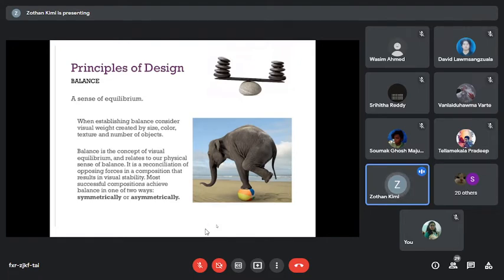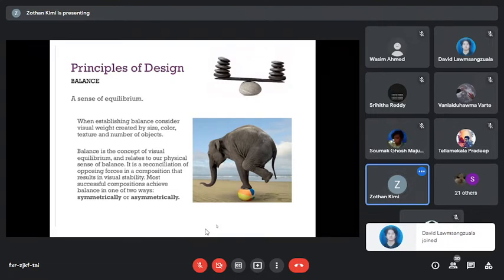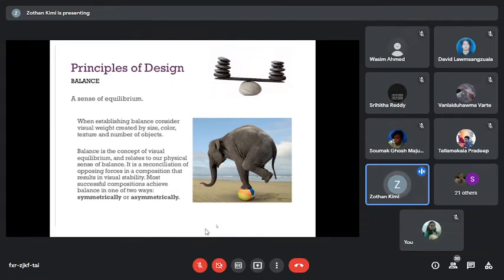Or maybe in terms of texture. Supposing we have two circles, and just imagine, consider those two circles to be of the same size.